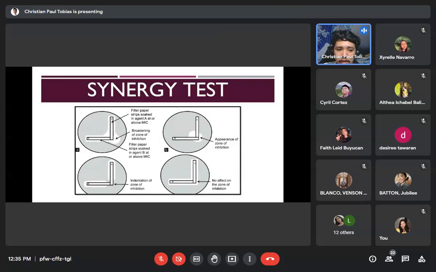Yes, in vitro interaction, kasi performed in lab the in vitro reaction of antimicrobial combinations to determine whether the effect of the two, in your example antibiotic A and antibiotic B, is greater than the sum of their individual activities. So, pinaghalong kapangyarihan ng filter paper disc A soaked in agent A and filter paper B soaked in agent B.